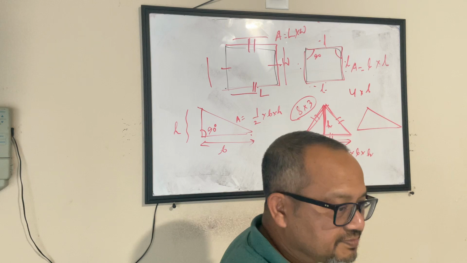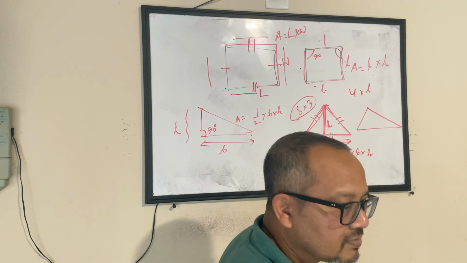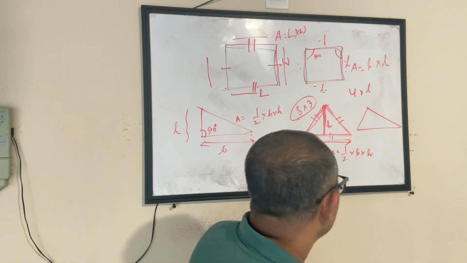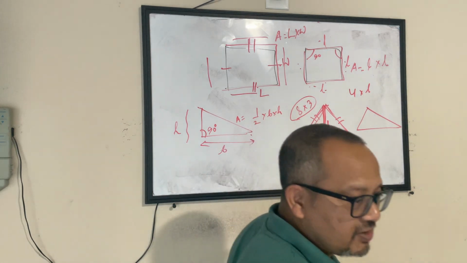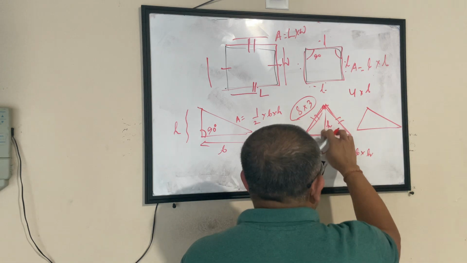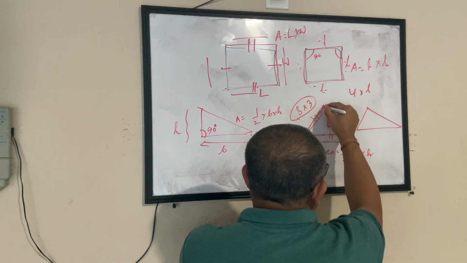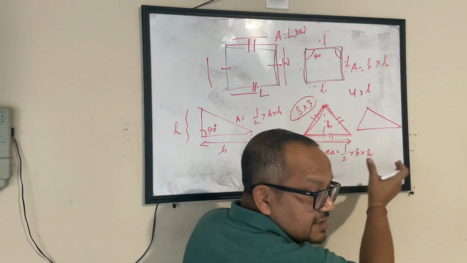So we just add two right angle triangles? No, I'm not saying that. Don't even worry about that. You don't have to think of these two as two right angle triangles and then add them.